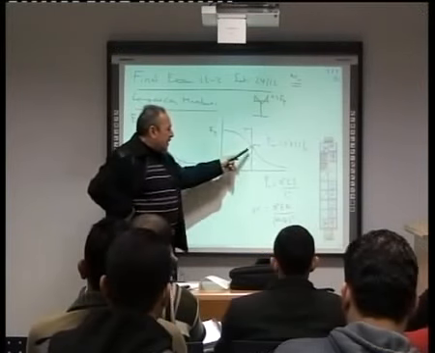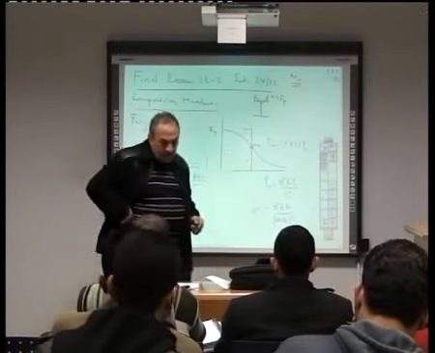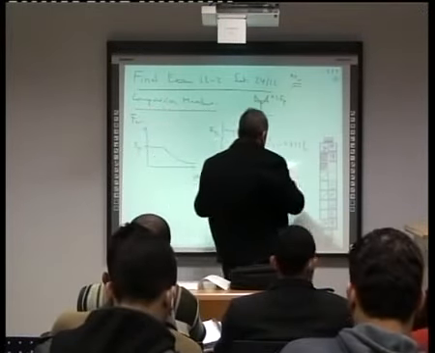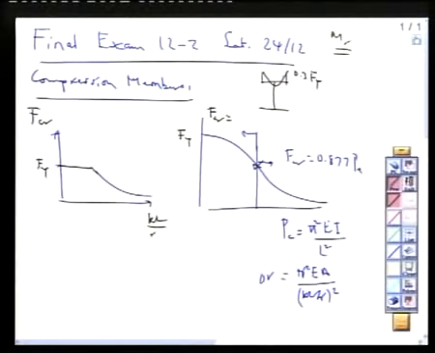And remember that this curve should differ from shape to shape. However, AISC adopted one shape where F critical equals 0.658 to the power F yield over F Euler, multiplied by F yield.